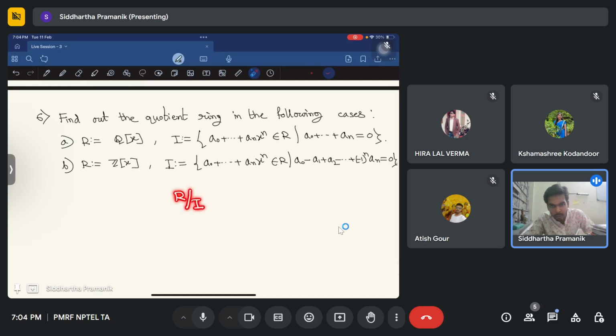So how does this quotient look like? Can you identify this quotient with a known ring or with a simpler ring?